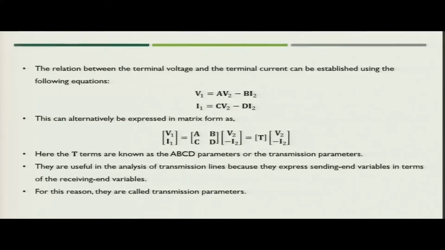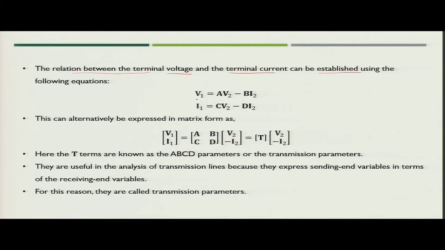How will we relate these ABCD parameters to the circuit variables? The relationship between terminal voltage and terminal current can be established with the help of two equations.